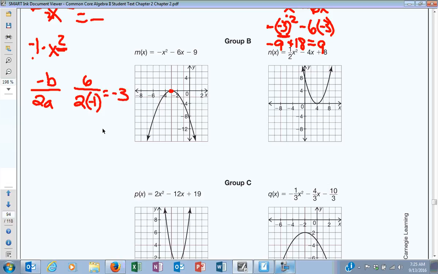That's my what coordinate? Negative 3 is my what? How do I find my y? Negative 3 squared is going to be 9. But you have the opposite of that, so it's a negative 9. Negative 3 times negative 6 is a positive 18. And minus 9.